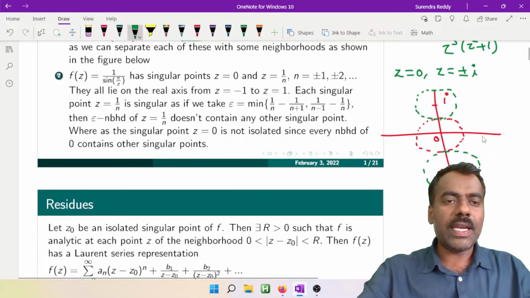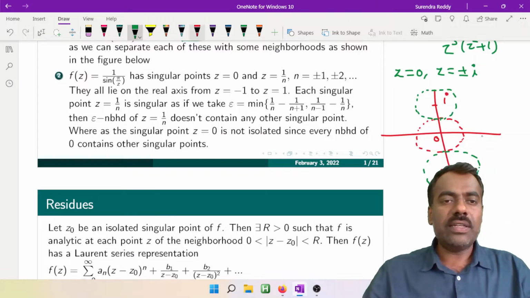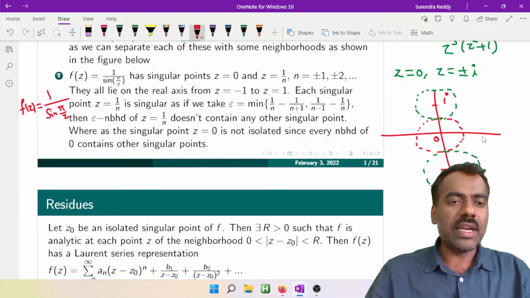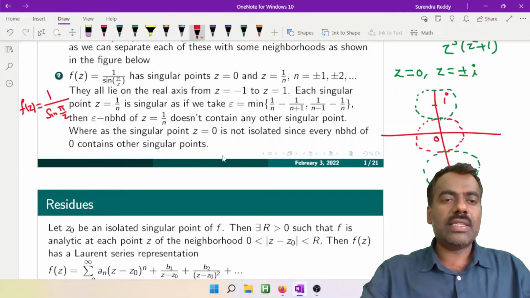Okay. Now take another example, f of z equal to 1 upon sine pi by z. Remember, this has singularities where sine takes the value 0, sine pi by z.